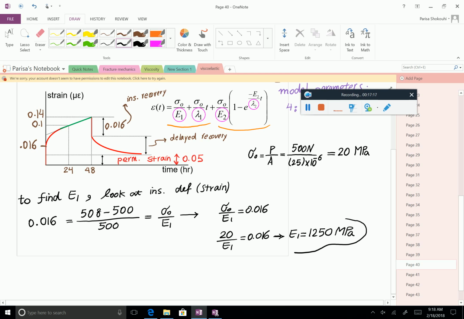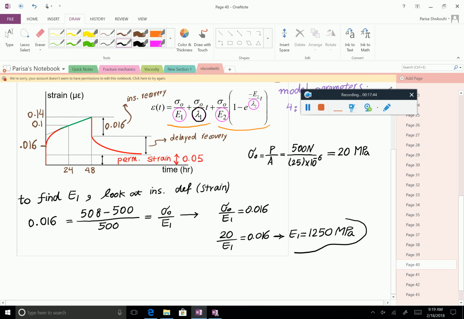Now, which other parameter can we find now? So, this is a little bit more complicated than the previous example. One parameter that we can find is actually lambda 1. How?